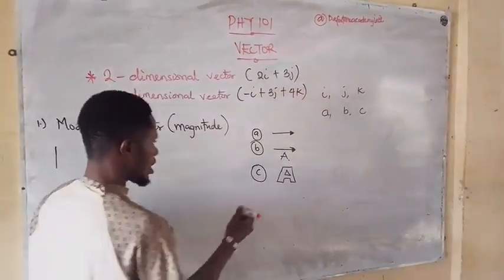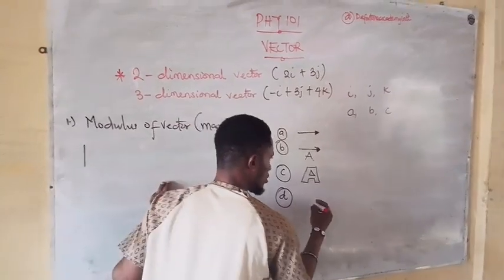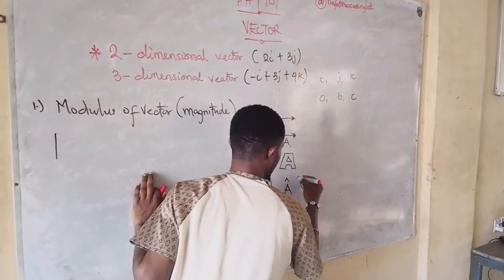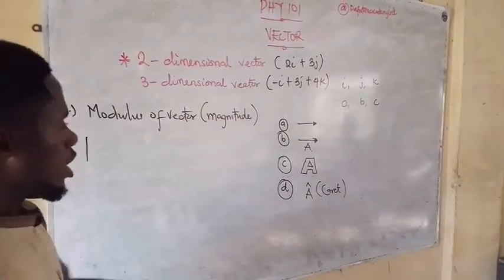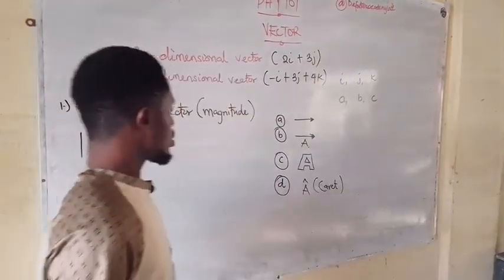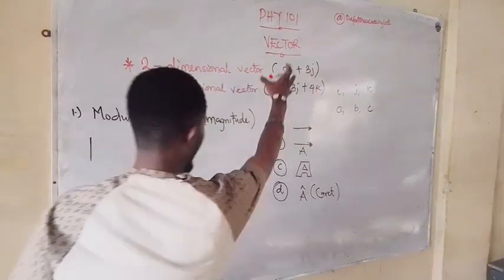The fourth one, it can be written in caret. When we are solving unit vectors, we are going to discuss this more. This is the way vectors can be written.